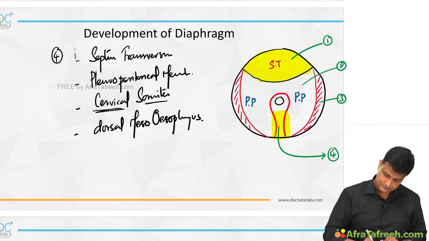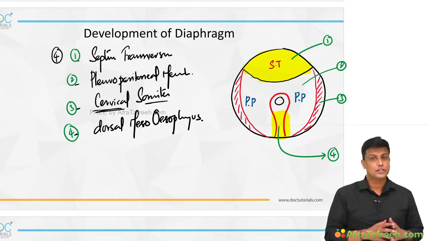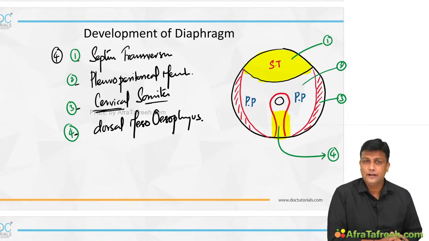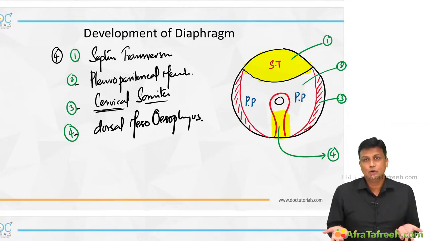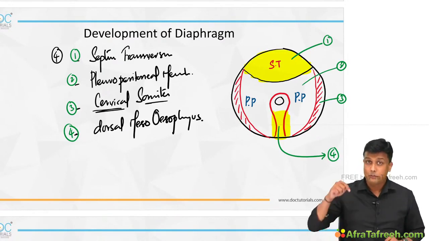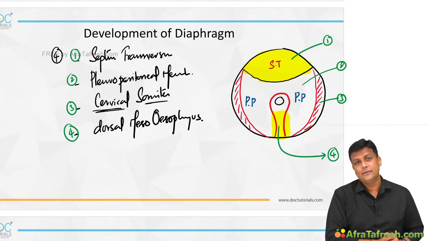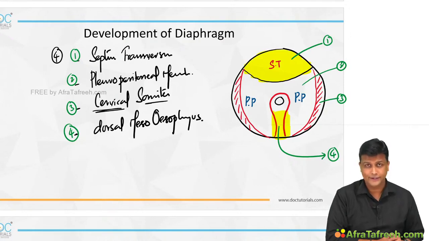Diagram was given, and the question was, which of the following structures is responsible for congenital diaphragmatic hernia? Everyone knows that it is the pleuroperitoneal membrane, but you should also be able to identify it in the diagram.